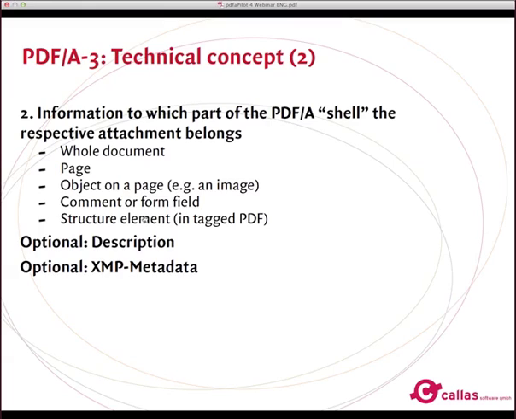So this is an intact PDF, so that may be an article or a column in a text or something, or a headline. So these are actually parts of the PDF file to which an embedded file may belong, and PDFA3 requires that for each and every file that is embedded into a PDFA3 file, there is an indication to which part it belongs.